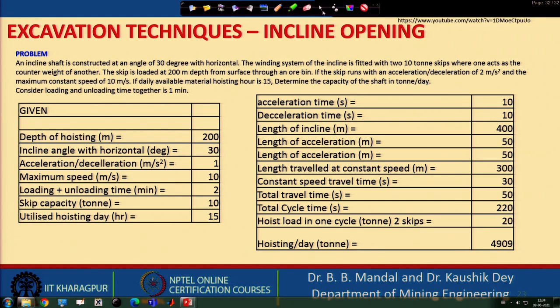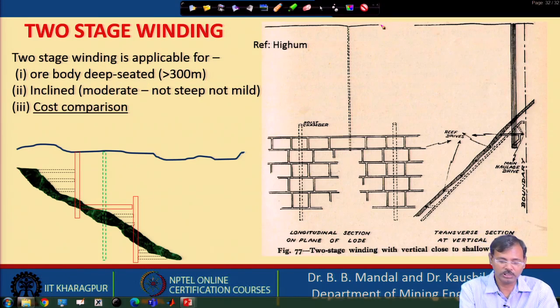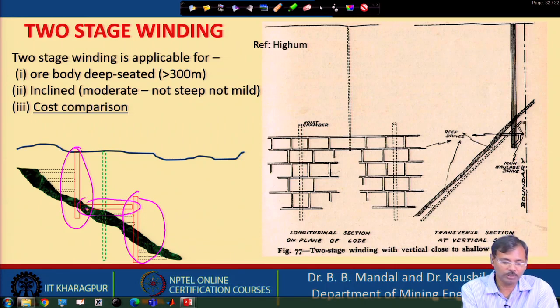So, this is all about one calculation. You must remember, if we are considering two stage winding of two vertical shafts, we have to consider the cycle time for this one in hoisting, but remember the cycle time for this one is not required, because this is serving with a storage position here, and this is also serving with a storage position here.